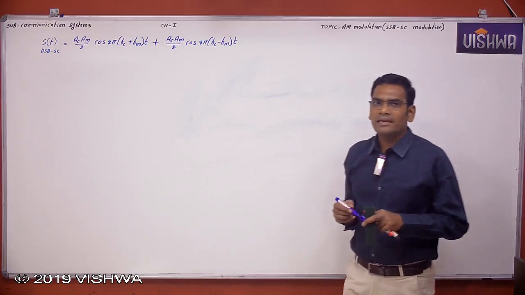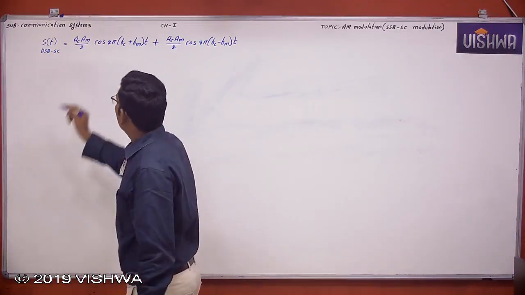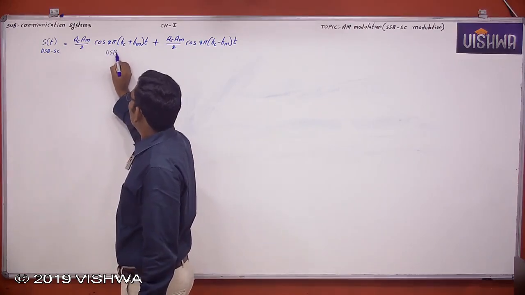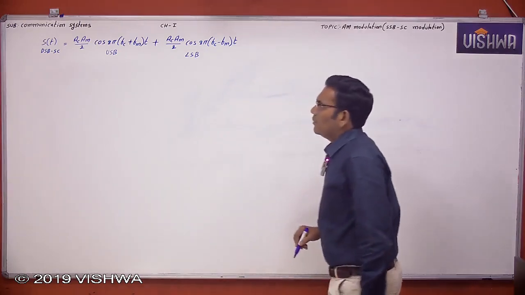This is the double sideband suppressed carrier time domain equation. This is the upper sideband and this is the lower sideband, right?